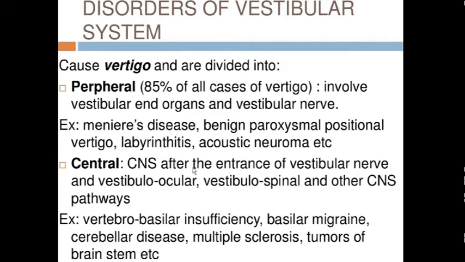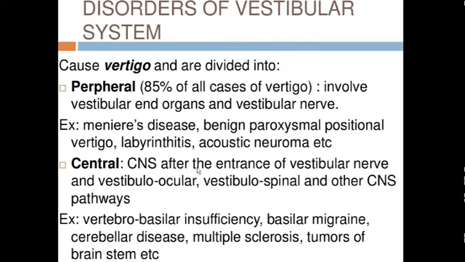Peripheral cause of imbalance will involve obviously the semicircular canals and the vestibular nerve. Common diseases like Meniere's disease, BPPV, benign paroxysmal positional vertigo, and labyrinthitis are all peripheral causes of imbalance, whereas central causes, which are more dangerous, like vestibulo-ocular, vestibulospinal and all other pathways, are affected.